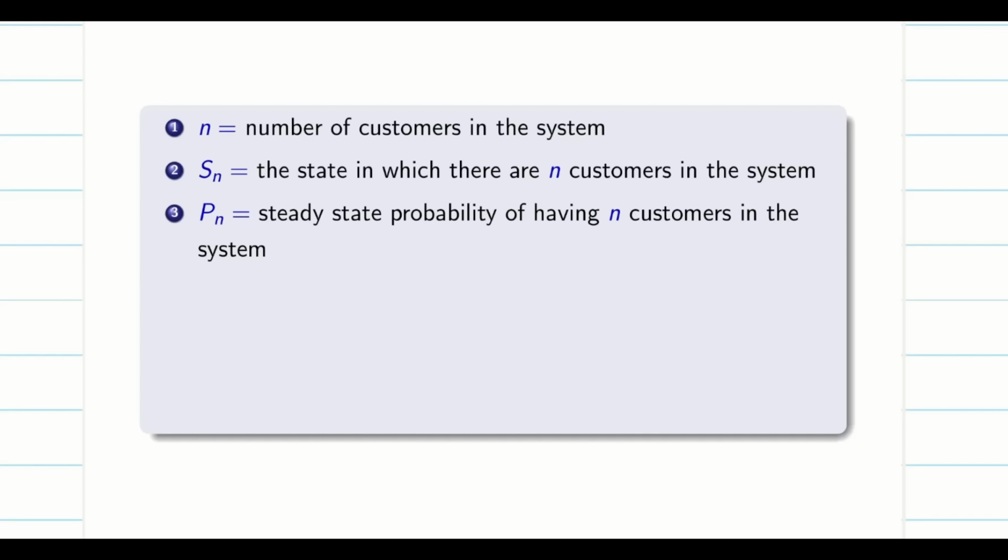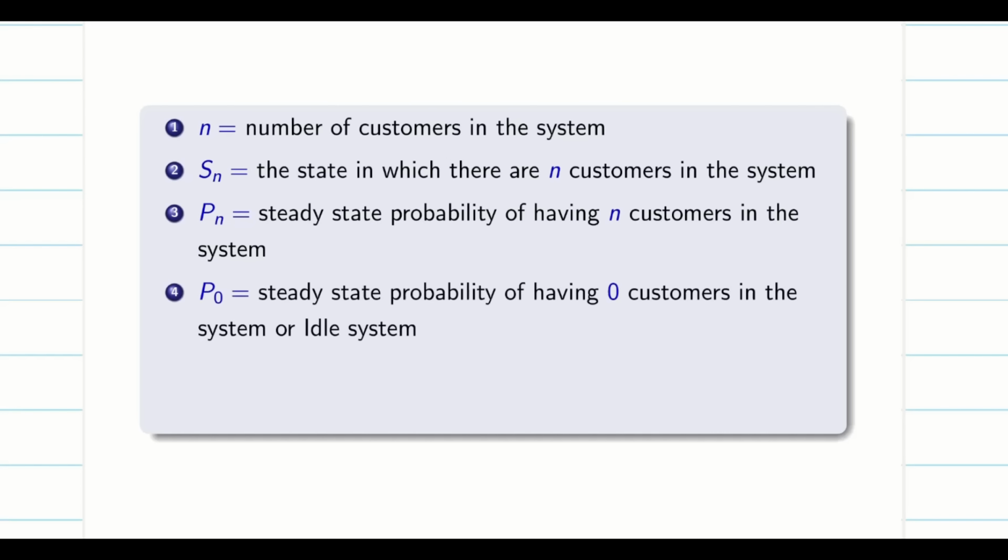If the number of customers in the system is N, I will say Pn. Then P0 is very obvious: there is no customer in the system, the system is idle. If I have N customers, I say Pn at steady state; if the probability of having 0 customers or an idle system, I say P0.